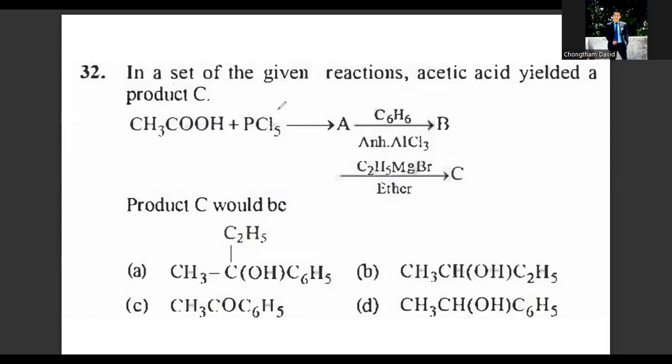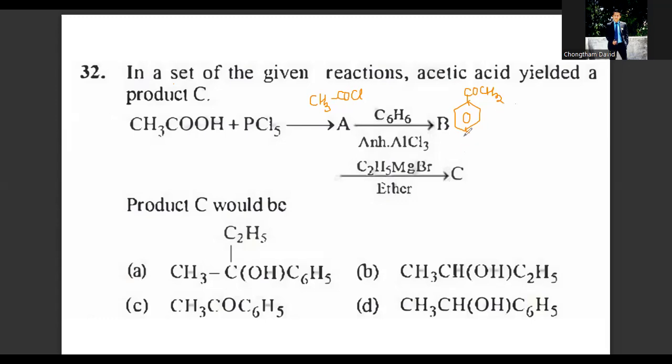So when this acetic acid reacts with PCl5, A must be ethanoyl chloride. When this reacts with benzene, this must be a Friedel-Crafts reaction, and it is going to give your acetophenone.